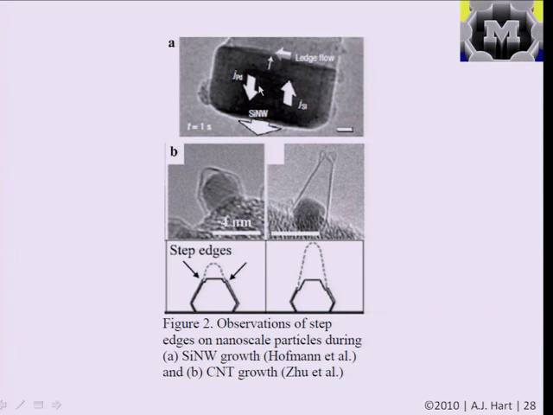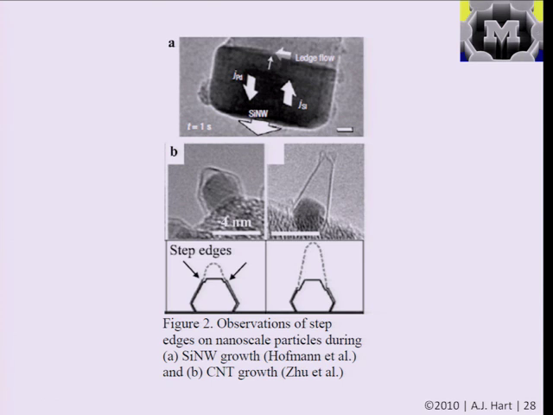And this paper discusses how the silicon precursor comes from silane, SiH4, and the silane loses silicon into the particle, and once this particle becomes supersaturated, you have diffusion of silicon, represented by this J_Si, in the particle into this interface, and you have diffusion of palladium away from the interface, and the nanowire actually grows by this ledge flow method, where you form layers of atoms of silicon that move across sequentially, and you build the nanowire one layer at a time.